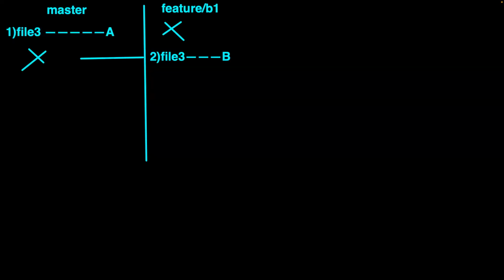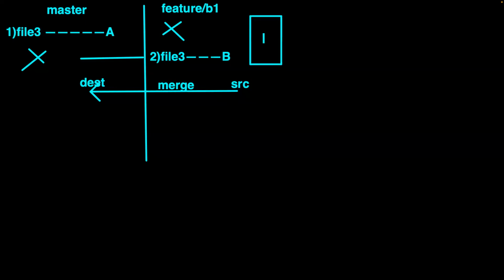Suppose you are trying to merge. The concept of merge is integrating committed changes from one branch to another. So from this feature branch, which is the source, I'm going to merge into the destination branch. It should bring all the changes, of course other files' commits as well. And the list of commits for this particular file, file 3, includes commit B. Imagine that's a box.